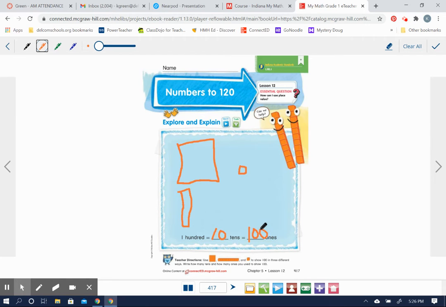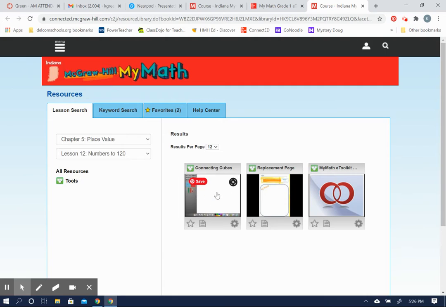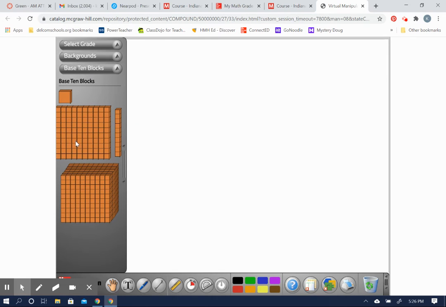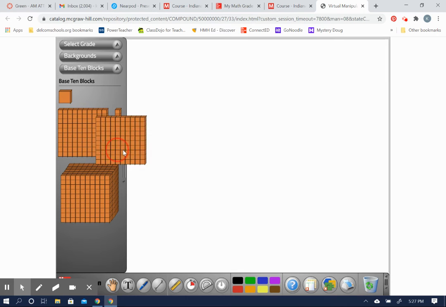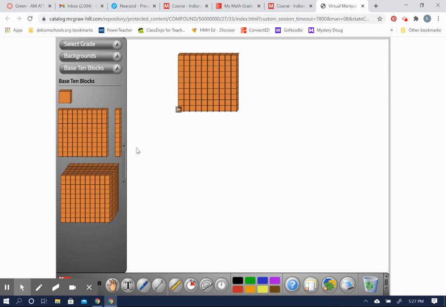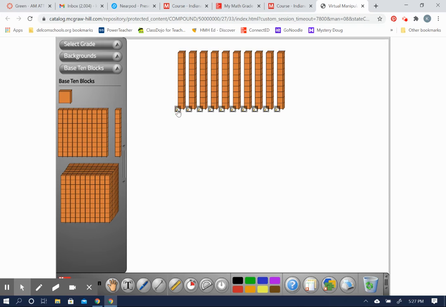Now let me go to a page that has some tools here and show you what I mean. These are called base 10 blocks because we're basing them on 10. So this is what I was talking about as being 100. Now 100 would be the same as 10 tens. That was a cool little trick, wasn't it?